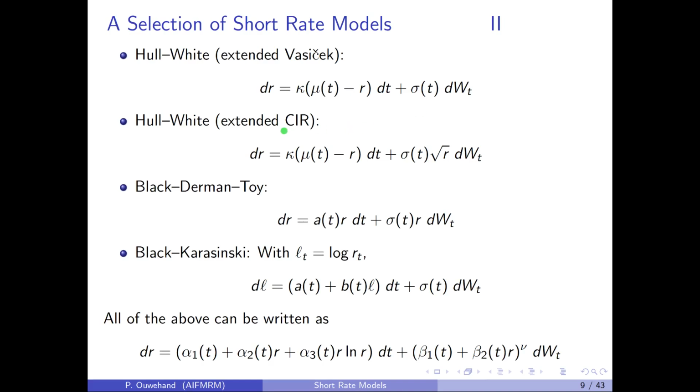Similarly for the Hull-White extended CIR model, or for a similar extension of the Dothan model called the Black-Derman-Toy model, and a slightly different approach to assure non-negative rates is to model instead of the short rate, the log of the short rate, which yields the Black-Karasinski model, given as follows. All of the above models can be written in the following form.